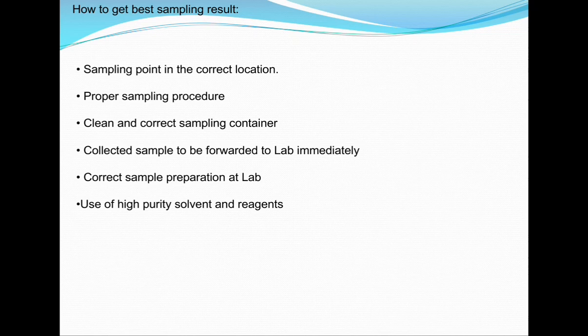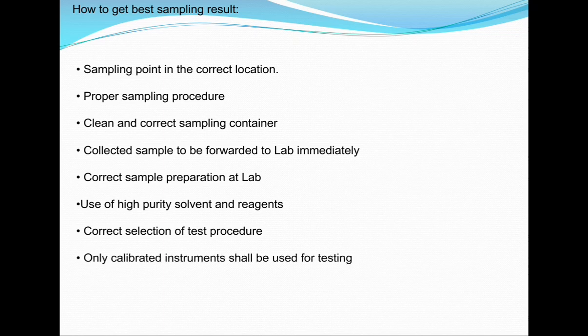If you are using contaminated reagents or solvent, or inferior quality solvent or reagents, then your reading cannot be accurate. Then correct selection of test procedure: you have to adopt the best test procedure, and only calibrated instruments should be used in the lab. If you are not using a calibrated instrument, then definitely the reading is not accurate. And the lab assistant who is testing must have proper knowledge and good data interpretation quality to give a proper sampling result.